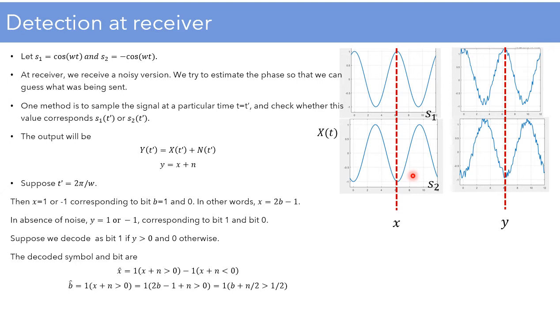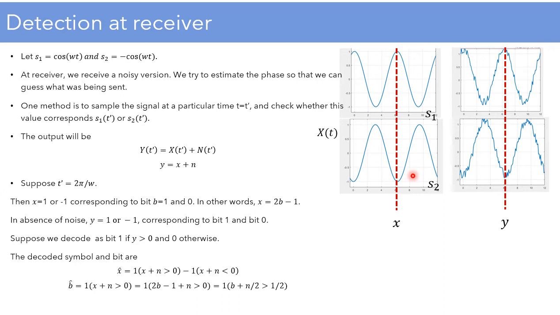So this means that basically x is equal to 1 or -1. So we can say x is equal to 2b minus 1, and in absence of noise, y would also be equal to x. So y would be 1 if you have bit 1, and -1 if you have bit 0.